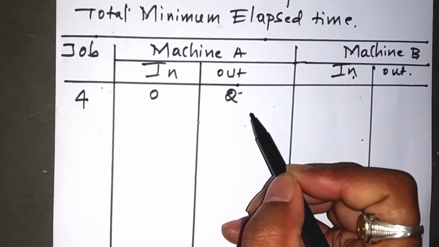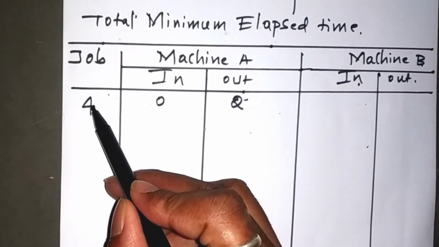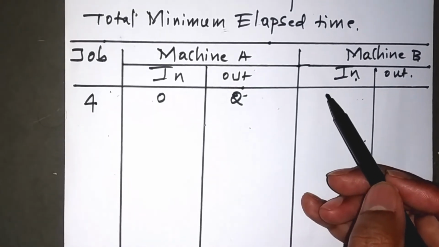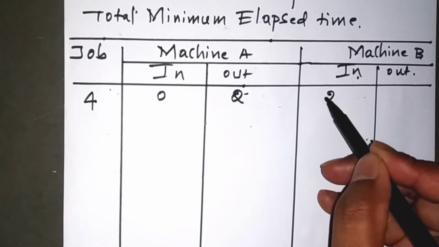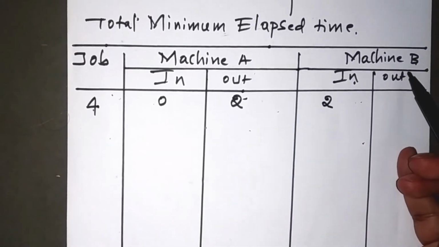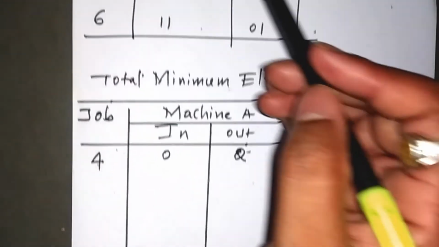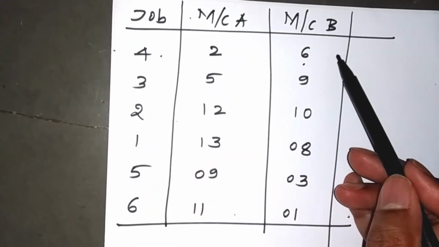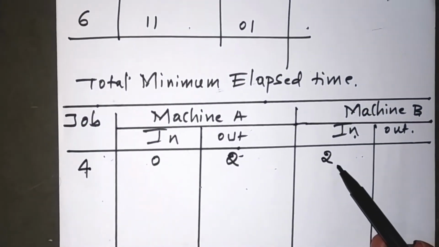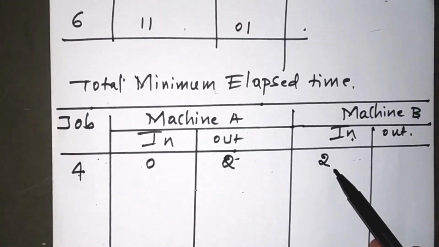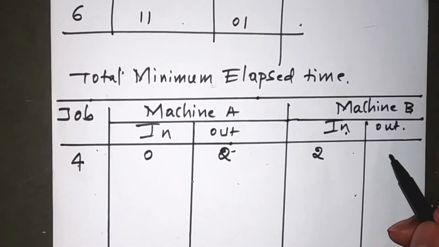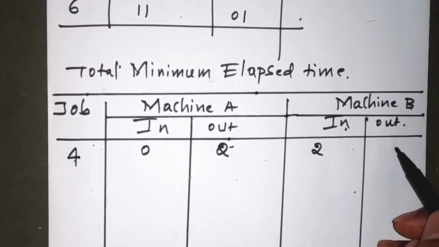Once it gets completed on machine A, the fourth job will move to machine B. So after completing on machine A, my in time on machine B will be 2 minutes, and we'll see how much time the fourth job requires on machine B. It will take 6 minutes. So it enters at 2 minutes and takes 6 minutes on machine B. So my total time for the fourth job will be 2 plus 6, that is 8 minutes.